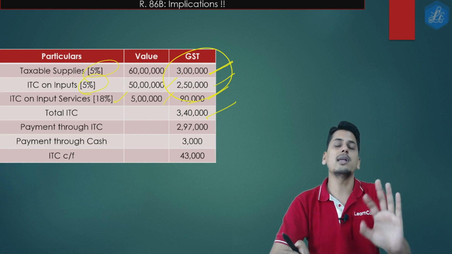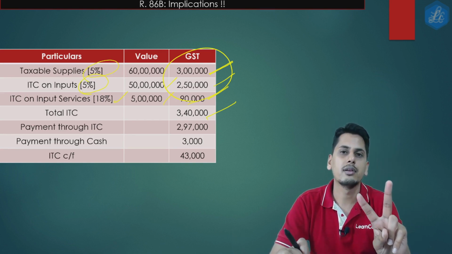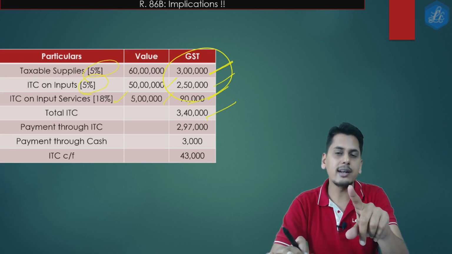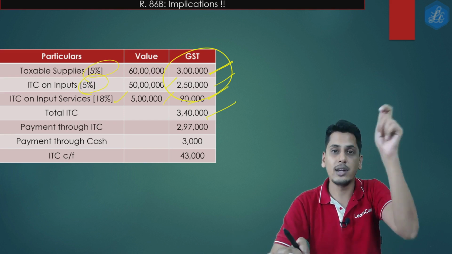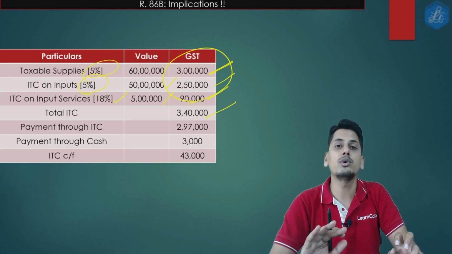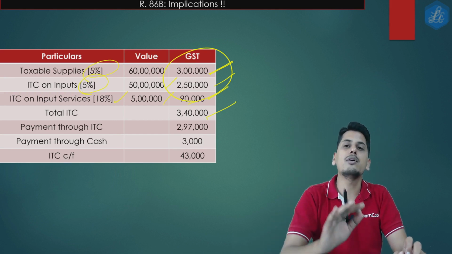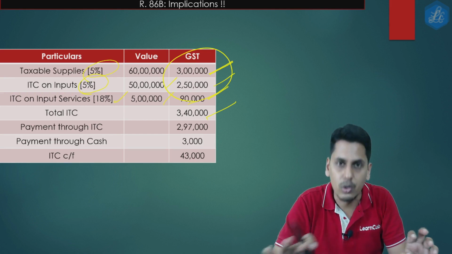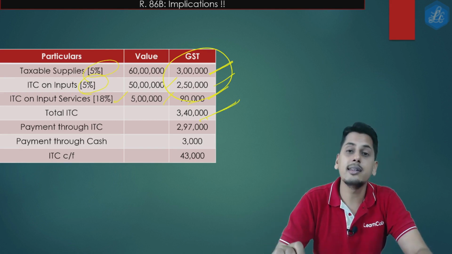Refund out of accumulated input tax credit is permissible only and only in two scenarios. Which are those? Zero rated supplies and inverted duty structure. What is meant by inverted duty structure? Rate of tax on inputs greater than the rate of tax on outward supplies. Is this a case of inverted duty structure? No. Is this a case of zero rated supply? No. Can he claim a refund of accumulated input tax credit? No. Let's proceed further. So total input tax credit 3,40,000.